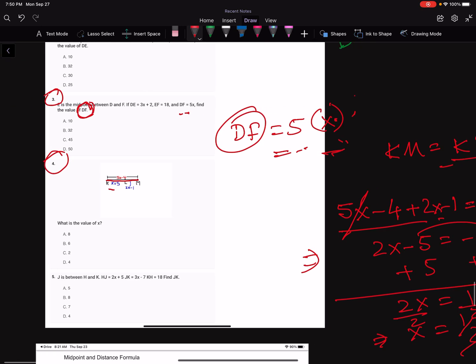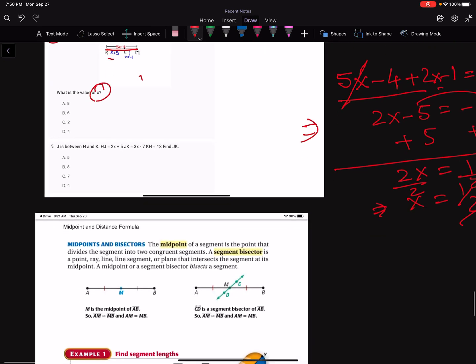What you need to find is x. Now J is between H and K. If H is here and K is here, then J is here. So you get your segment.